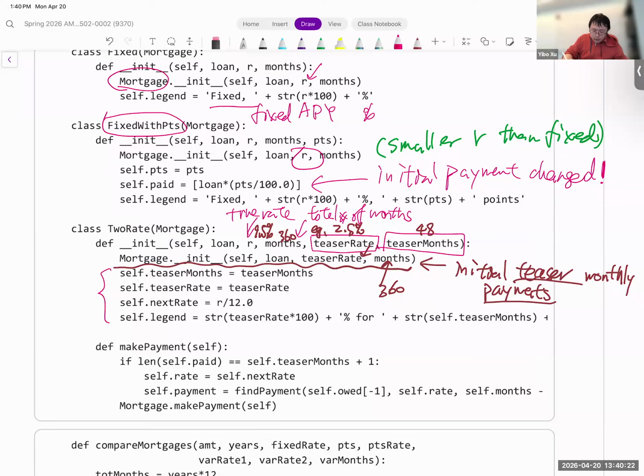These are the new attributes. So the teaser months is 48, the teaser rate, and of course the next rate, which is R over 12, because that's for the remainder period. So that's what we're going to reuse for the remainder period.